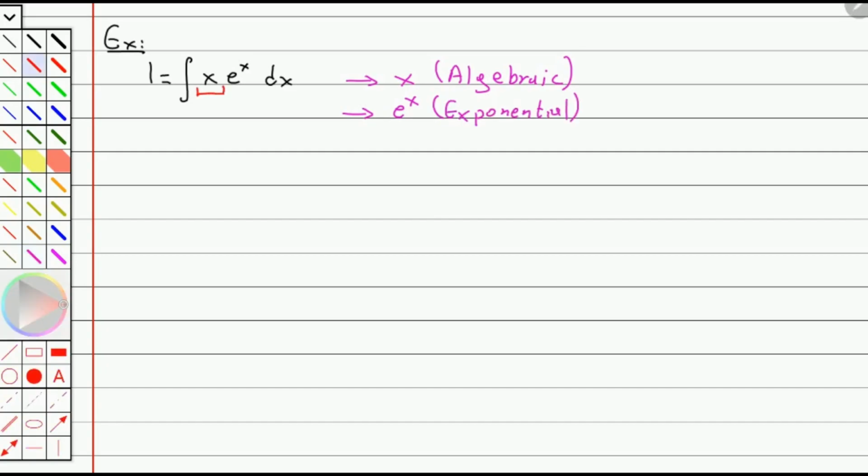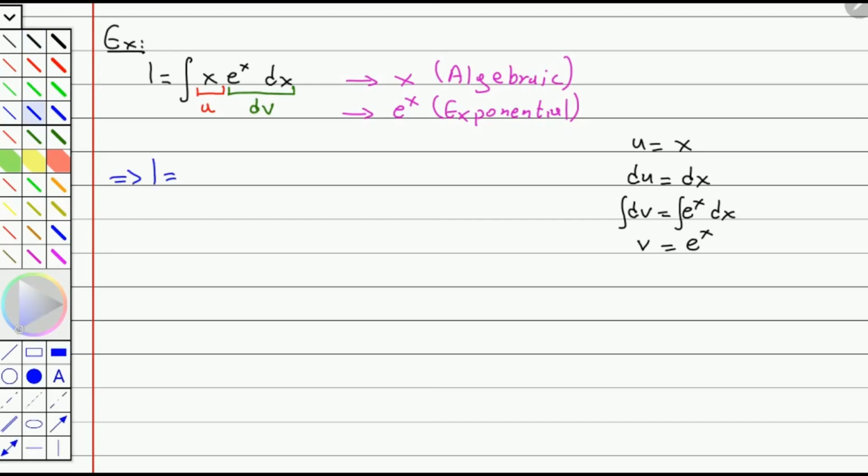So using this guide, u equals x, which is going to be differentiated, so du equals dx. We have dv equal to e to the x dx, which we integrate left and right, and so we are left with v equals e to the x.